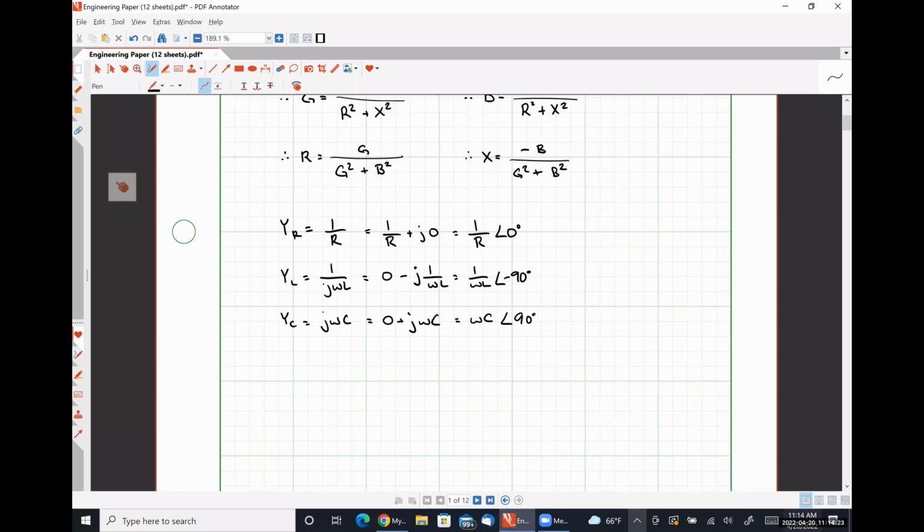All righty, so we are now at a point where we can begin to do actual steady state sinusoidal circuit analysis, which is 100% a review of what we did in circuits 1. So my question to you guys is, how much time do you want to dedicate to reviewing these concepts of analyzing circuits in the frequency domain?